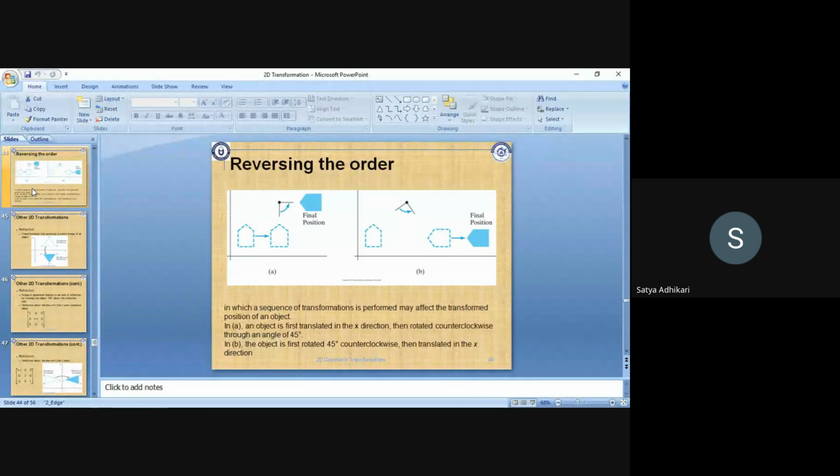If we translate first and then rotate, you see the final position in blue color. In the second one, if we rotate first, then translate, simply reversing the order, you will get a new position. So the output of the first one is not the same as the second one.